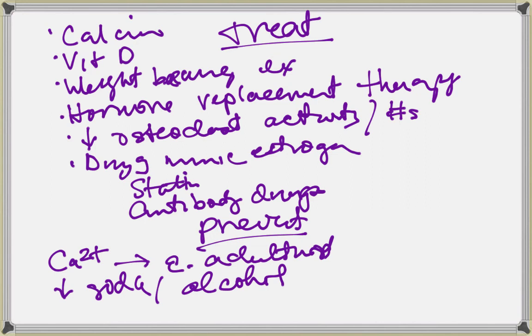The problem with carbonated beverages and alcohol consumption is that it basically leaches minerals from the bone, so it decreases bone density. And then plenty of weight-bearing exercise. All of those can help to basically buffer against age-related bone loss.